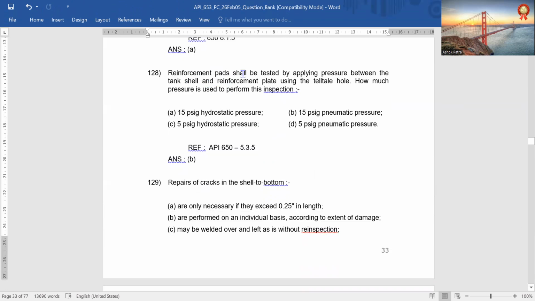Reinforcement pads shall be tested by applying pressure between the tank shell and reinforcement plate using the telltale hole. How much pressure is used to perform this inspection? 15 psi pneumatic pressure.